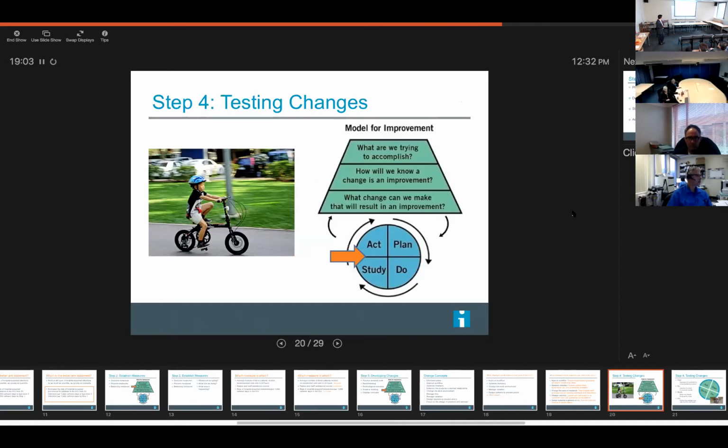Okay, so we worked through developing our case for change, how we're going to measure it, and what we're going to do. So that's all the background work. That takes a lot of work. Don't underestimate how long that takes. And the reason why it should take a long time is because it should involve a lot of people, because you can't change on your own.